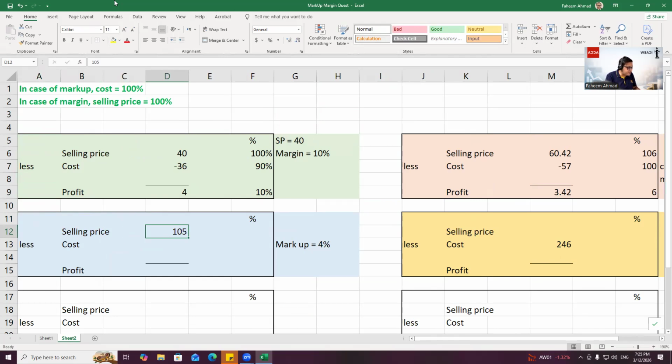This time selling price is 105, but they have given us markup. As I said, wherever you see markup, put cost as 100%. Profit is 4%. Cost is 100%, so that means selling price will be 104.